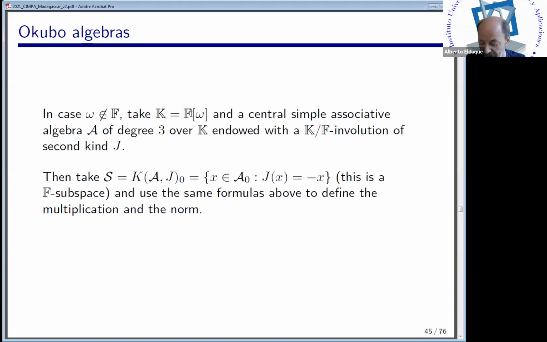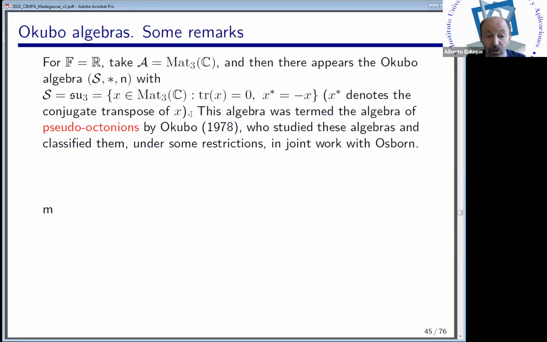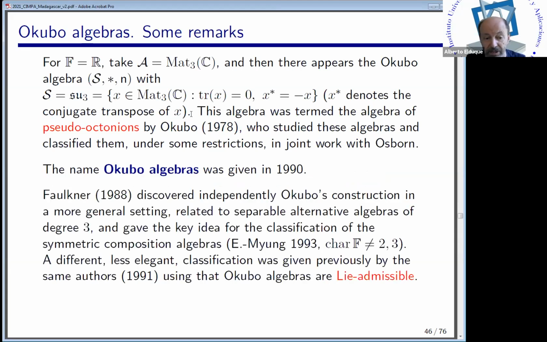And one uses the same definition of multiplication and norm, but this time on the set of zero trace matrices or elements that are also skew with respect to the involution of the second kind. And these were our examples of Okubo algebras, and in particular of symmetric composition algebras.